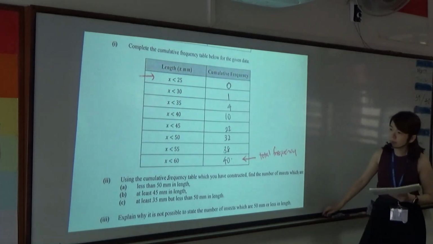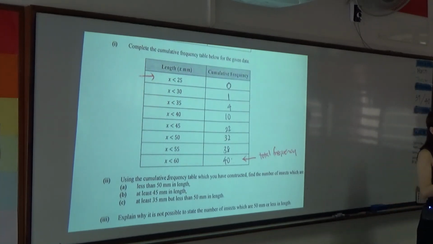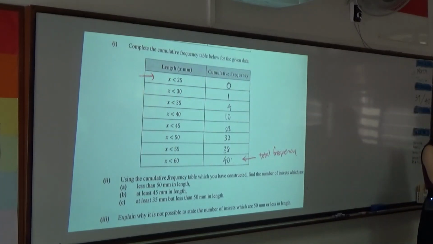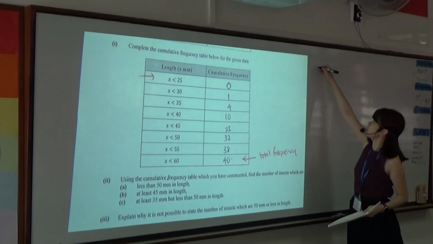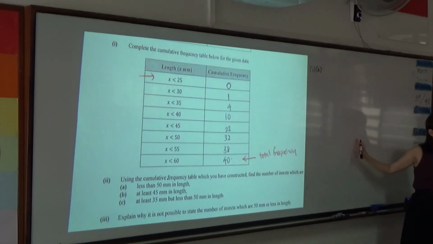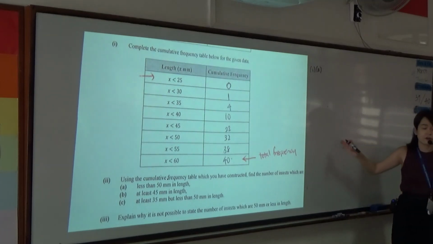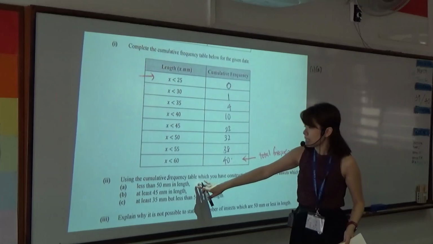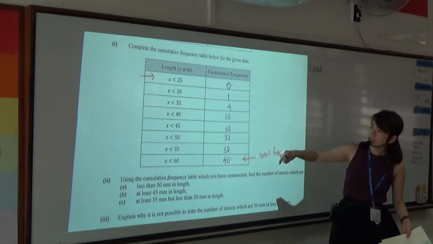In part 2, part A, it says using the cumulative frequency table, find the number of insects which are less than 50 millimeters in length. Looking at part A, there's a second page on the right which is blank. It's intended for your answers. So less than 50 millimeters in length.